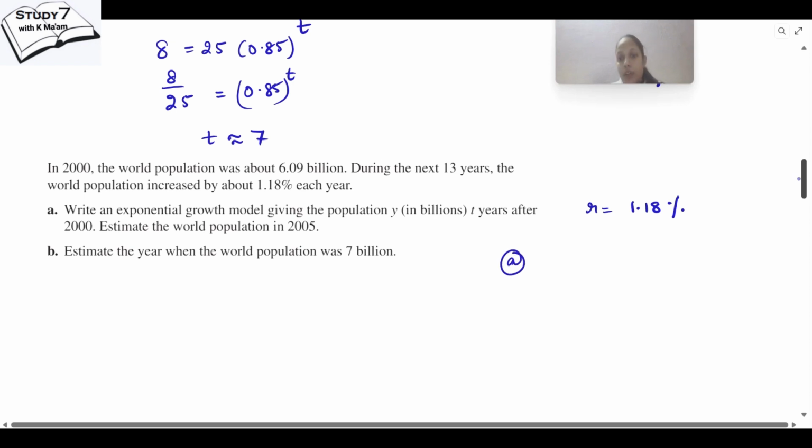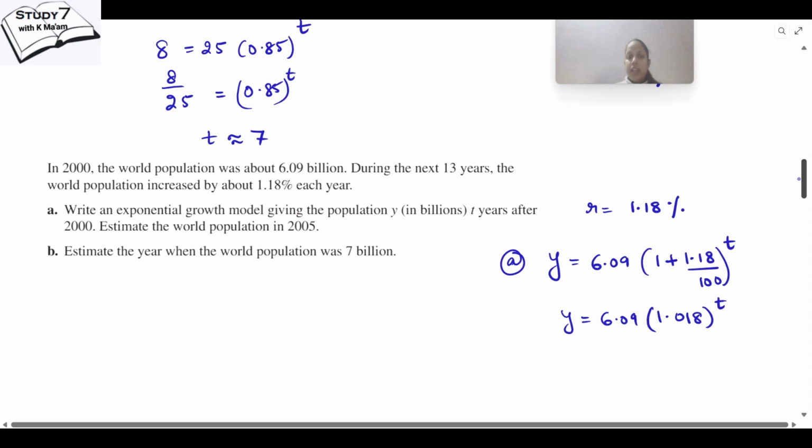Starting is 6.09. 1 plus the rate, I remove the percentage, so 100 in the denominator, to the power t. Just simplify the inside term. You will get 1.018 to the power t. This is the exponential growth model.